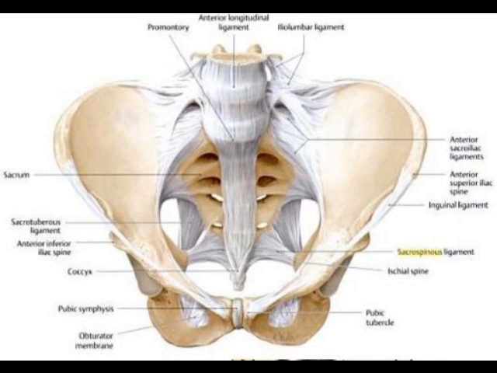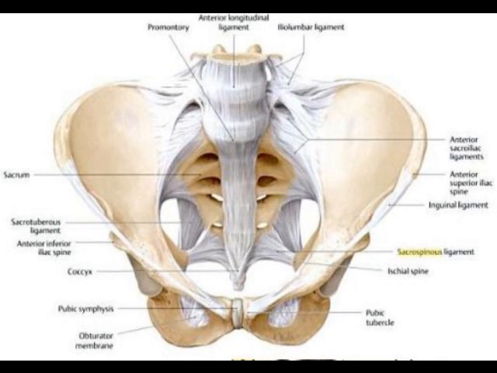You'll see it labeled in yellow, saying sacrospinous ligament, with the arrow pointing to the white part. And right to the right of that white part is the ischial spine, which the sacrospinous ligament comes off of.